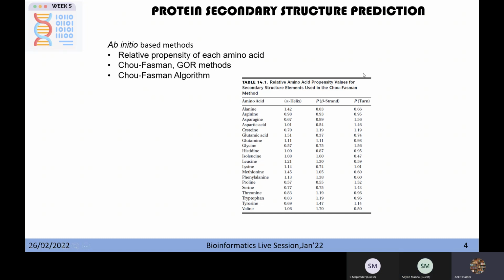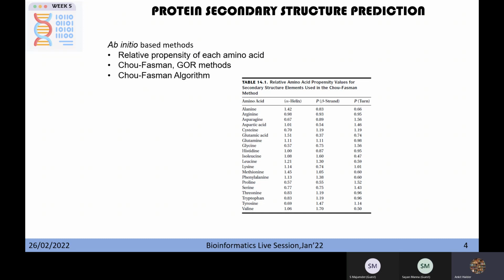After that, the total value will be calculated based on a particular window size, and if a threshold of 4 or 5 amino acids is crossed, the region will be predicted as alpha helix structure.